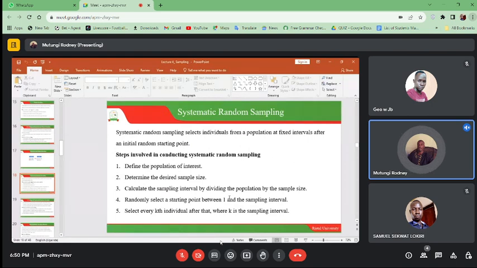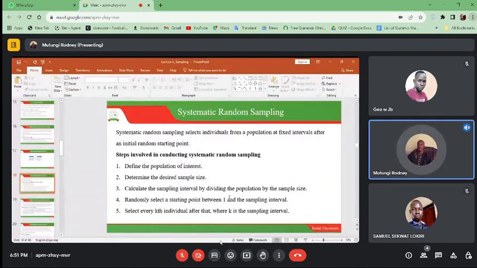So you randomly select a starting point between 1 and the sampling interval. The sampling interval in our case is 10. So we are going to fold our chits having 1 to 10, and then we can select a starting point. If we do the shuffling and we get, for example, the starting point to be 2, and the households or the children are listed already, we are going to say number 2 is going to take part in our study.